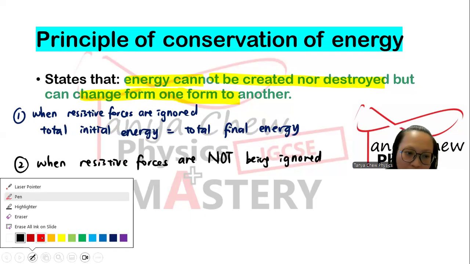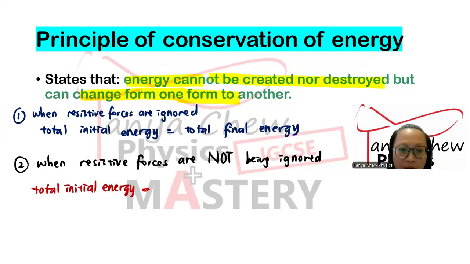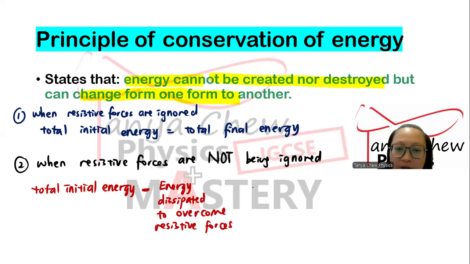You have to do a little bit of modification to your principle of conservation of energy. You just write down total initial energy minus energy dissipated, or work done in overcoming the resistive forces, then only equal to your total final energy. Remember.